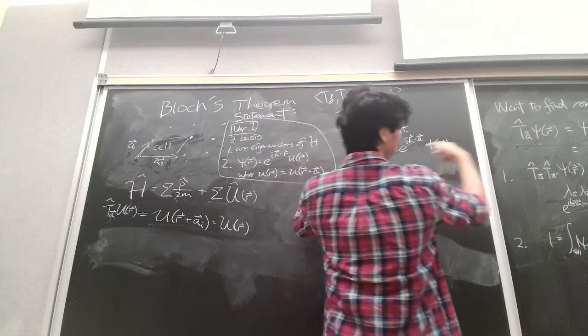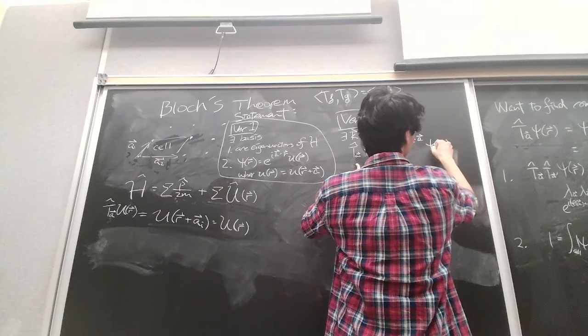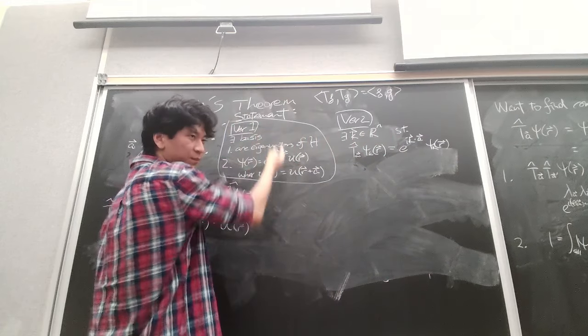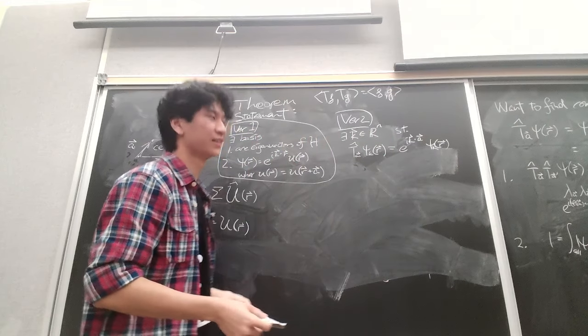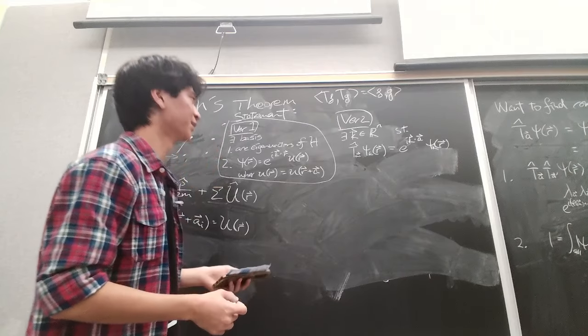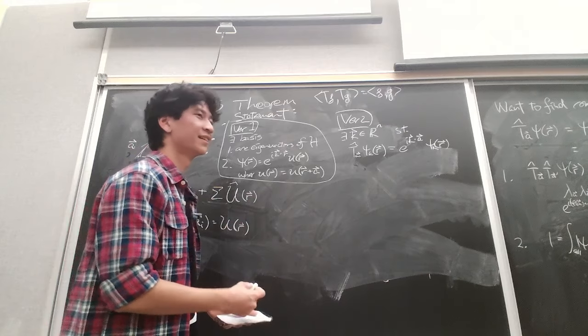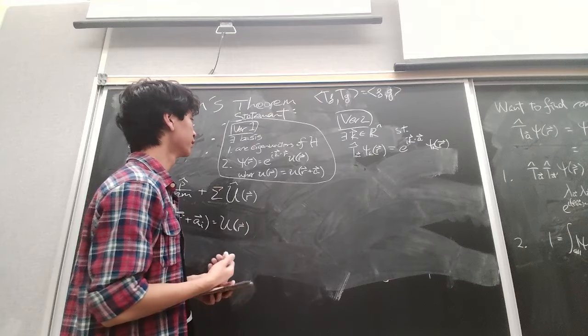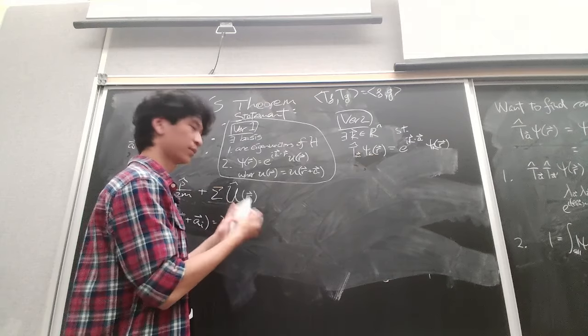This is what we've proved just now. And then you can show that this is equivalent to stating this, which I should leave as an exercise because I haven't done that. Should be pretty obvious. And this is Bloch's theorem.